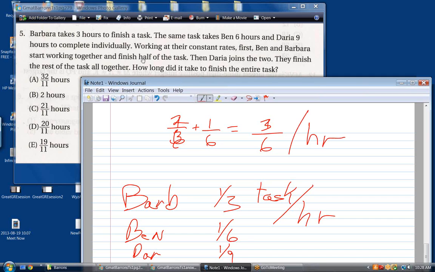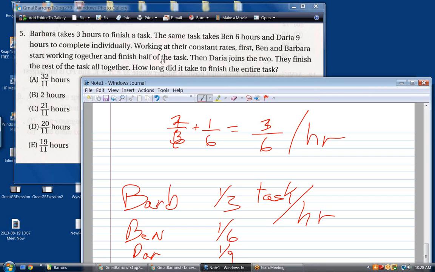That's exactly what they did, was finish half the task, so they must have worked precisely 1 hour. Had their work rates caused them to do 1/4 of the task in an hour, then we know that it would have taken them 2 hours to do that.